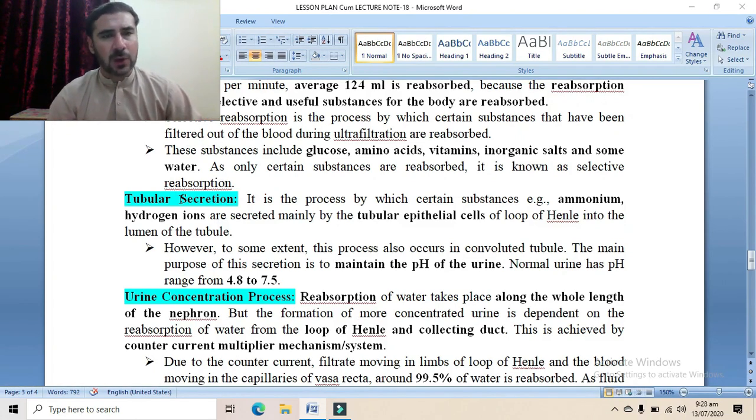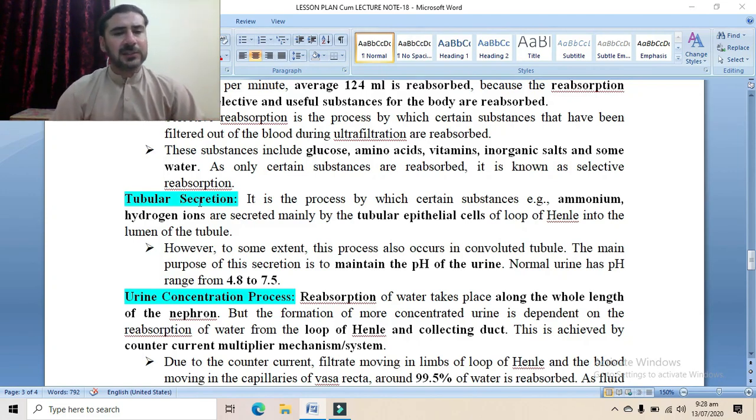The small molecules, amino acids, fatty acids, inorganic salts, some water, these all are important for the body, so they will be reabsorbed while the glomerular filtrate moves inside the proximal tubule, the distal tubule and the loop of Henle.